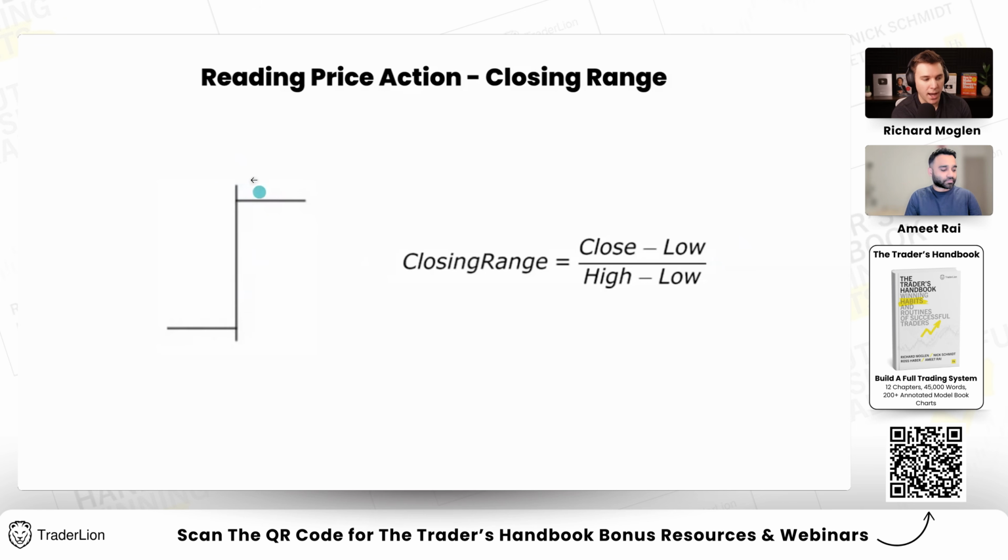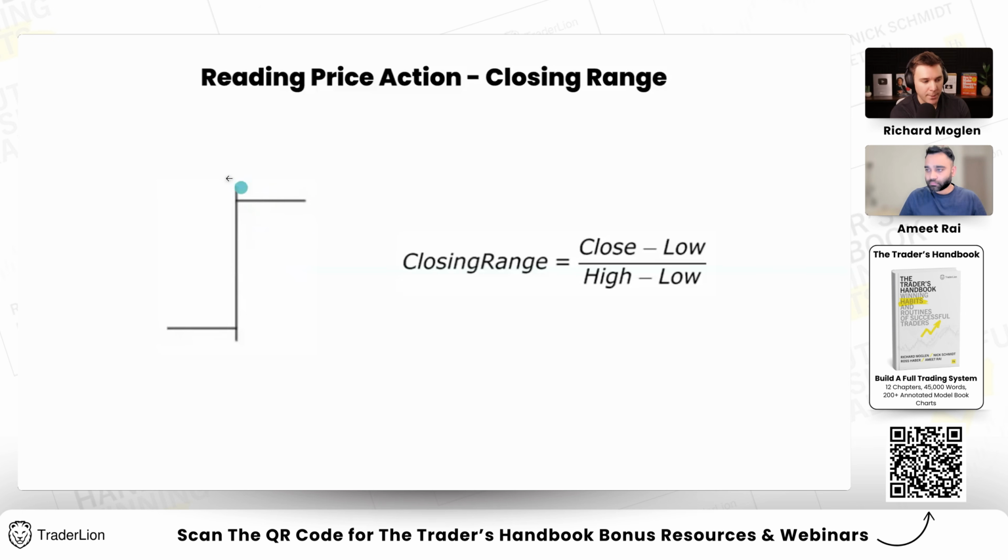So if we've got a high of 100, the stock's close at 98, and the low at 90, you've got 8 divided by 10, and it's got an 80% closing range. You can think about it pretty simply mathematically, but also very visually. It's very intuitive to understand. Here, the buyers are in control.